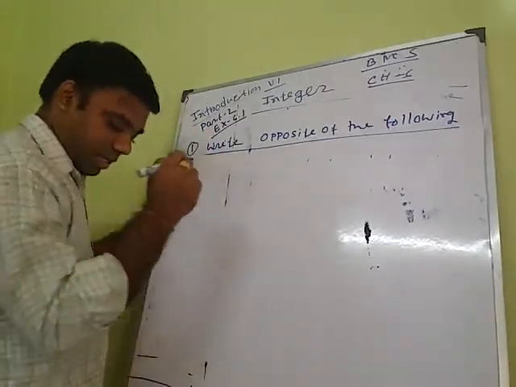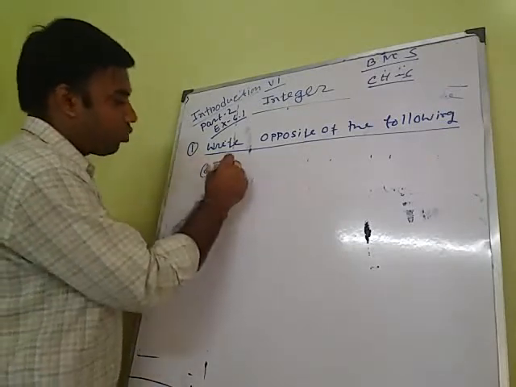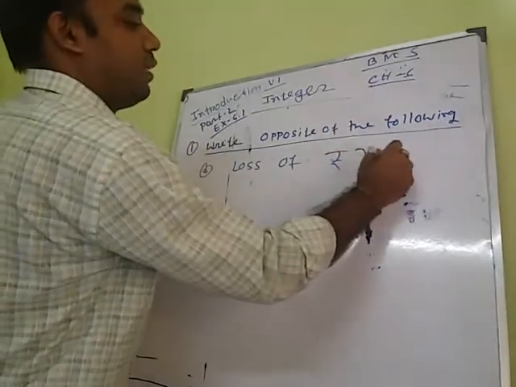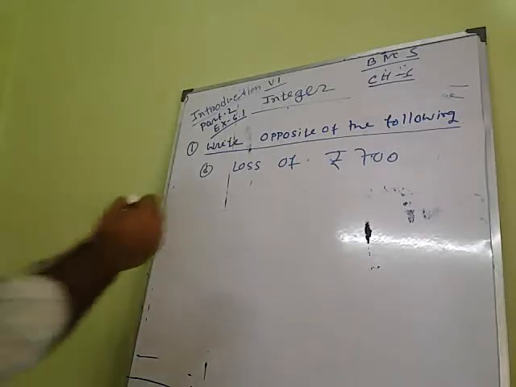Part D, loss of rupees 700. Now one term is used here, that is loss. What is the term loss?